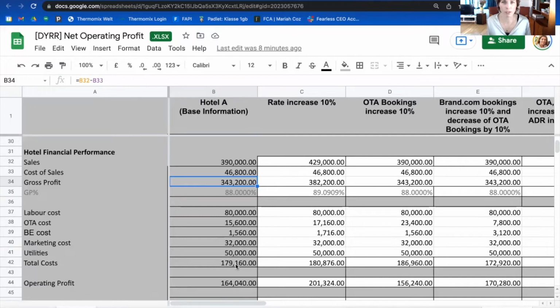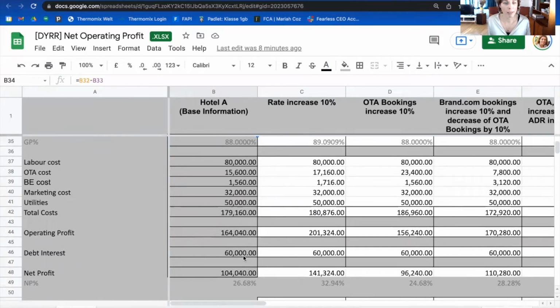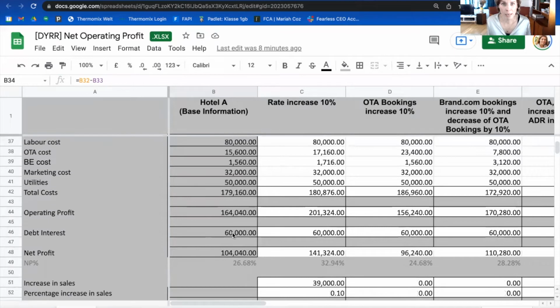So all costs in this Hotel A are 179,160. So I take my revenue, I deduct my costs, and my operating profit is 164,040. I'm going to pay my mortgage or my loan to the bank.